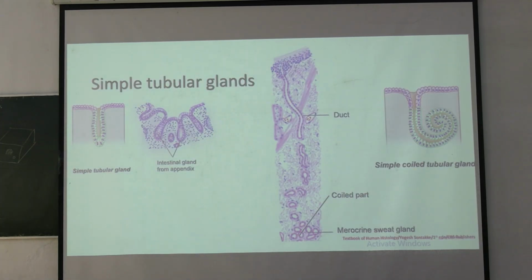Now, there are paired glands, and there are some glands, about 10%, in the mucous membrane of your palate, tongue, and the whole of the oral region, larynx, pharynx, the oropharyngeal opening.